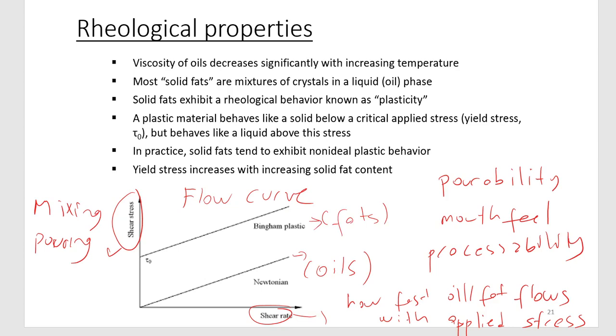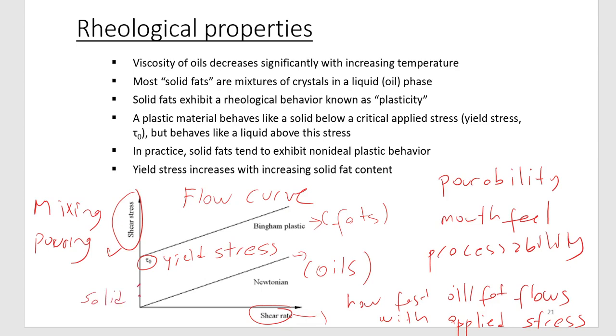So that means fats need a yield stress for flowing. So this is the yield stress. It's called yield stress. That means you are applying a stress to a fat, for example, butter. Here it's solid.